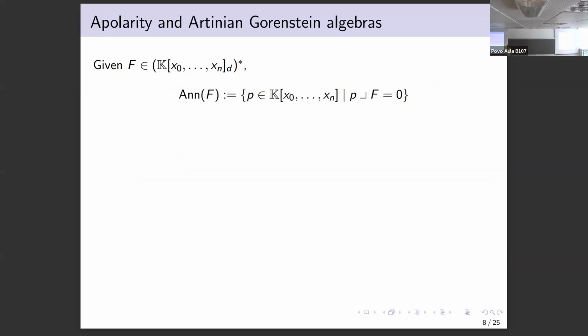under this contraction action. Again, if we think of this as derivation, we have a polynomial, and then we think of all the polynomial differential operators that will annihilate my polynomial. And in moment theory, this will be the kernel of the moment matrix.